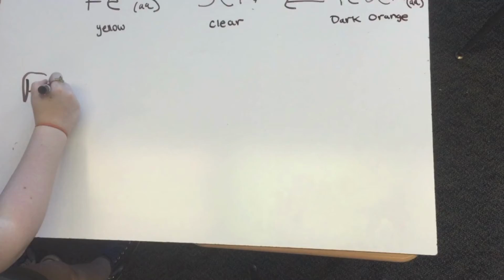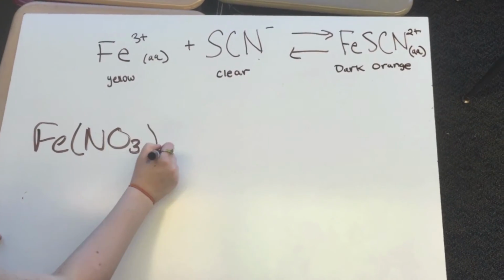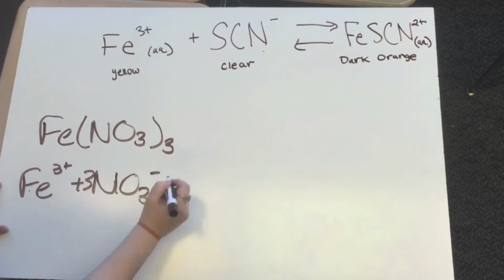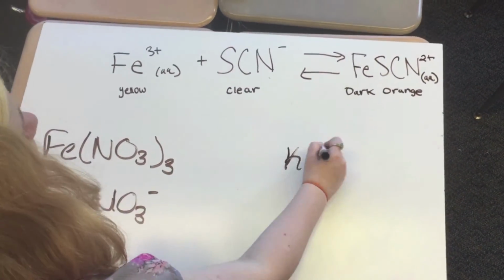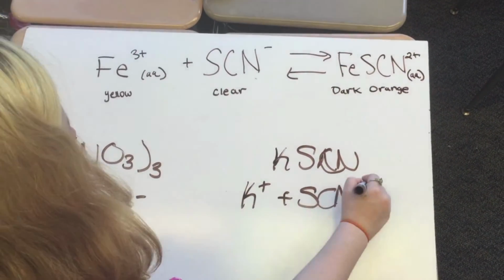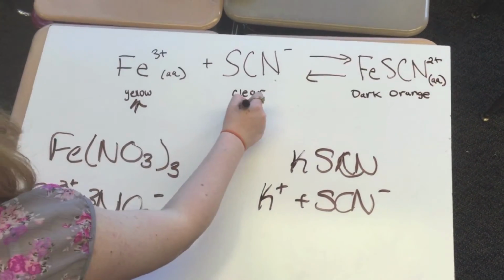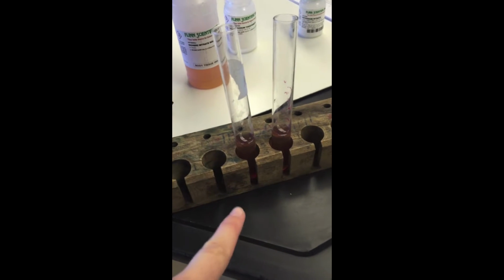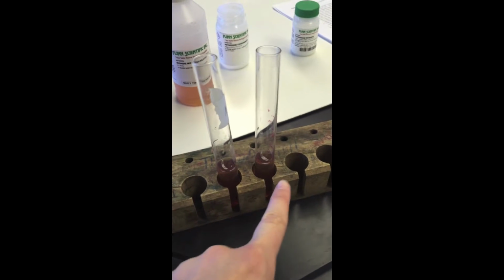We added iron nitrate to the solution, which dissociated, creating iron ions. Then we added potassium thiocyanate crystals to the solution, which dissociated, creating potassium ions and SCN ions. This created an increase of the concentration of iron ions and SCN ions, shifting the reaction right, creating a dark orange color.